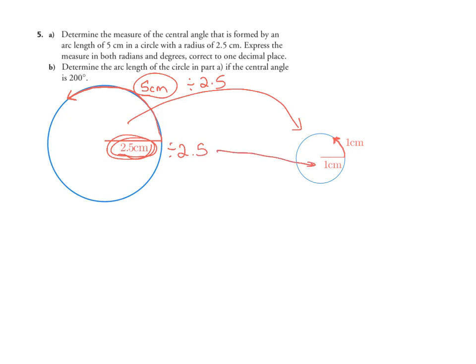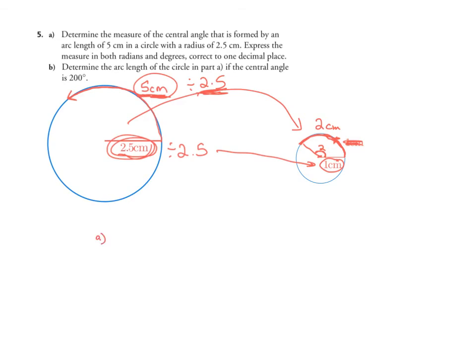And that will give you an arc length of 5 centimeters divided by 2.5, which is 2 centimeters. Since now we have it on a circle with a radius of 1, the arc length is actually equal to the angle, which is 2 radians.